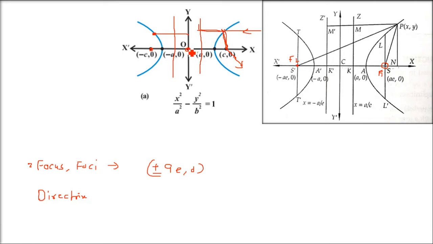This directrix, we proved in the earlier discussion, is a by e, that is, it is a by e far away from the center or the y-axis. So the equation of the directrix will be x equals plus minus a by e. I am combining both sides together. There is one more thing, the center. Right now it's 0, 0, but it will be h, k when we see the questions.